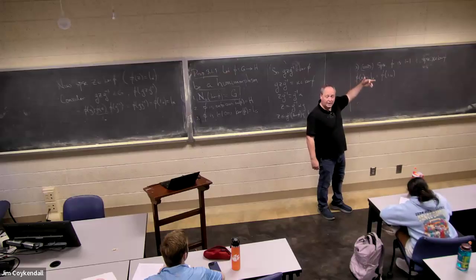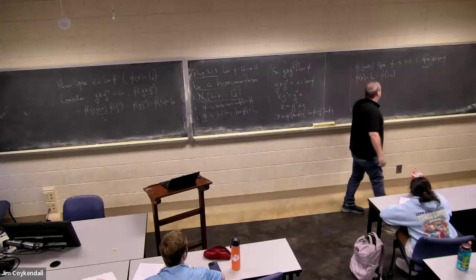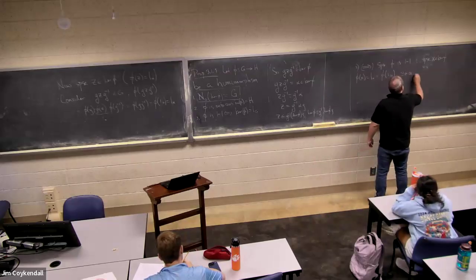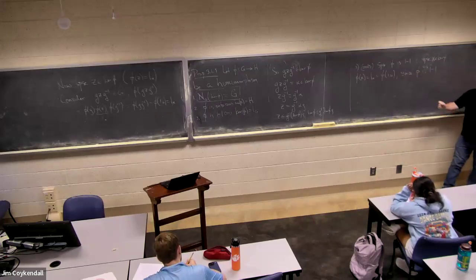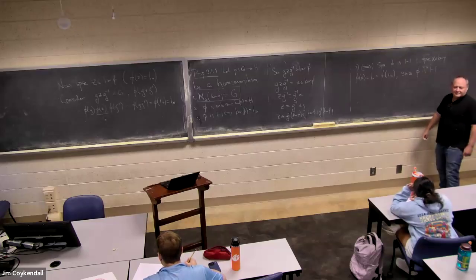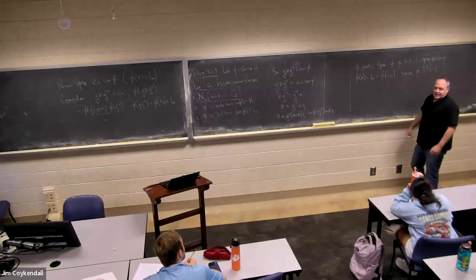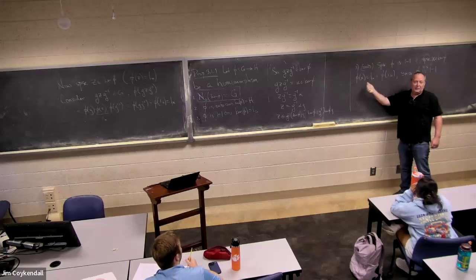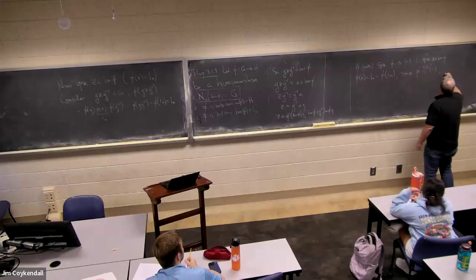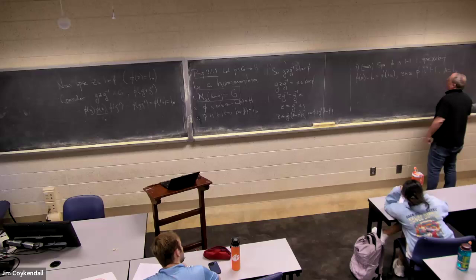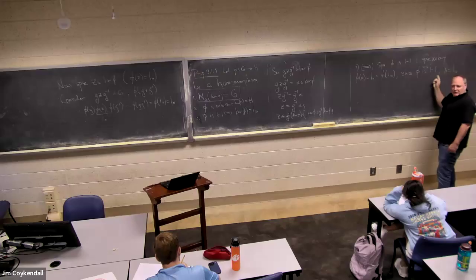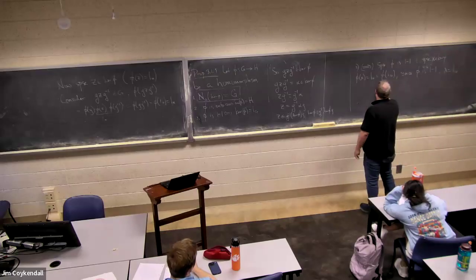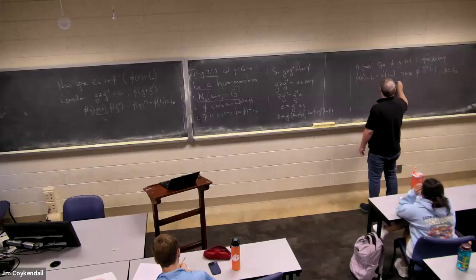Well, since phi is 1 to 1, it must be the case that x equals the identity of G, since it only changes that element. So what we've shown is anything in the kernel has to be 1. Clearly 1 is in the kernel, so the kernel of phi is precisely equal to just the identity set.